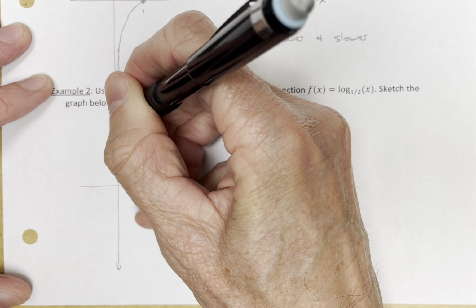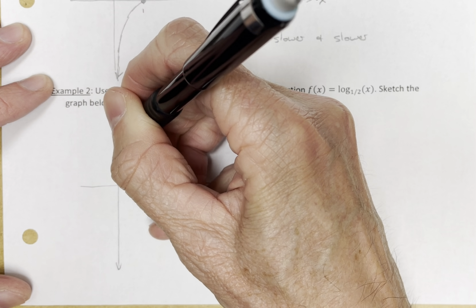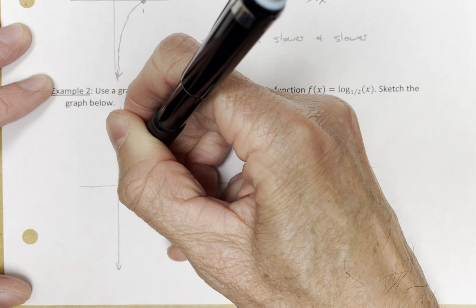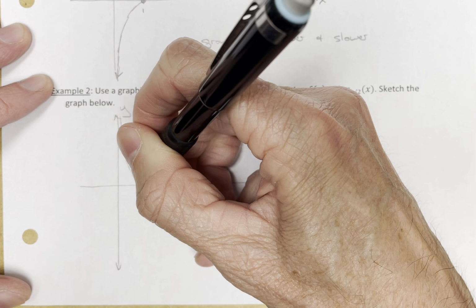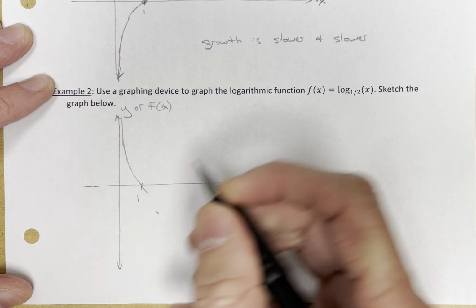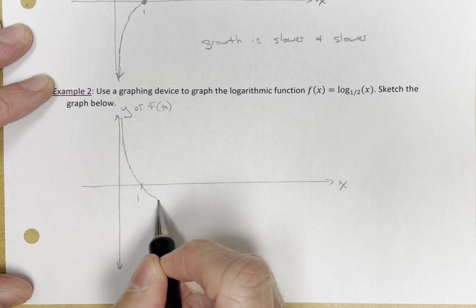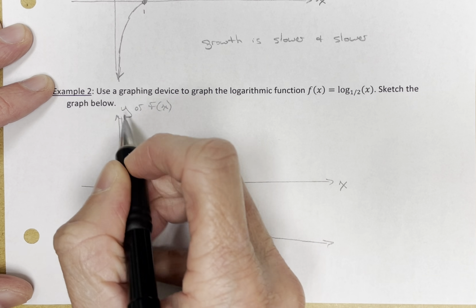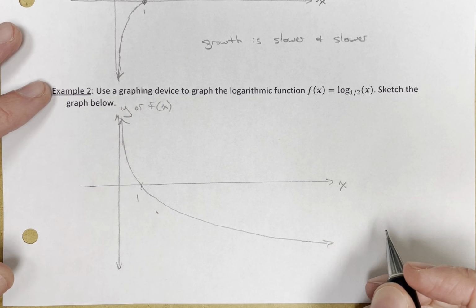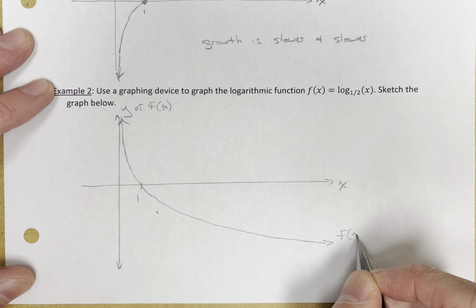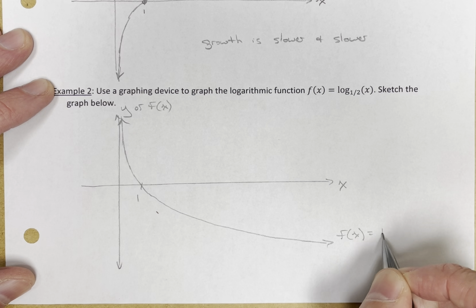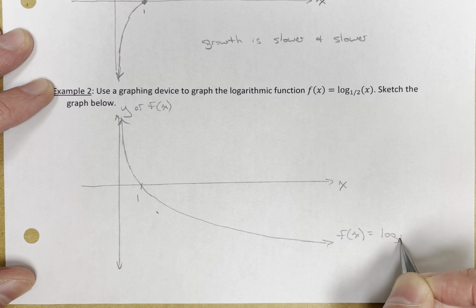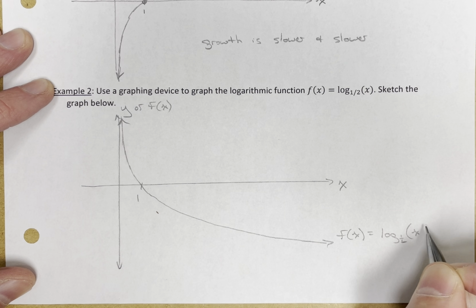It came down from above, and it's decreasing, but the decrease is slower and slower. It crosses the x-axis at the point 1, and it's still decreasing, but the decrease is slower and slower. So this is f of x, which is the log base 1/2 of x.